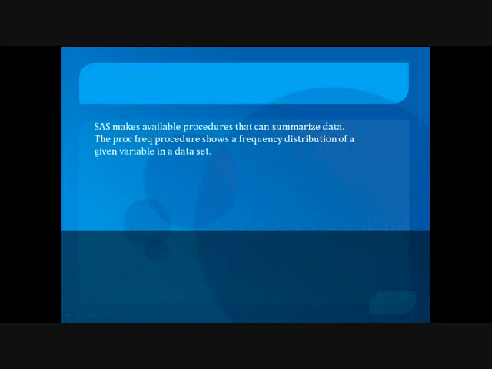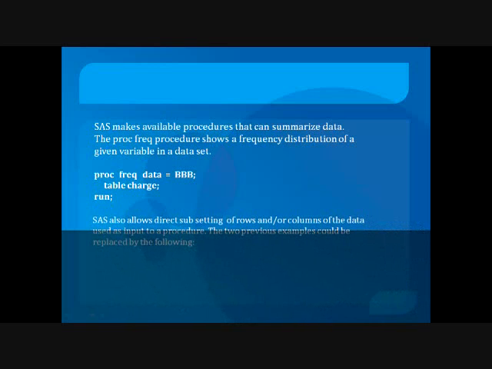SAS makes available procedures that can summarize data. The frequency procedure shows a frequency distribution of a given variable in a data set. Examples shown in a program. SAS also allows direct subsetting of rows and/or columns of the data used as input to a procedure.